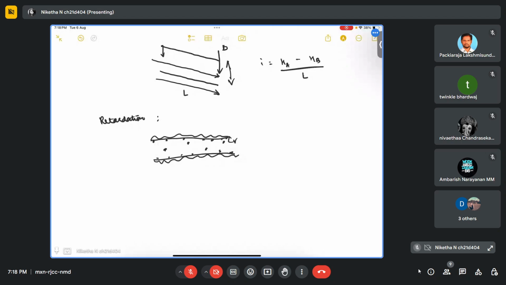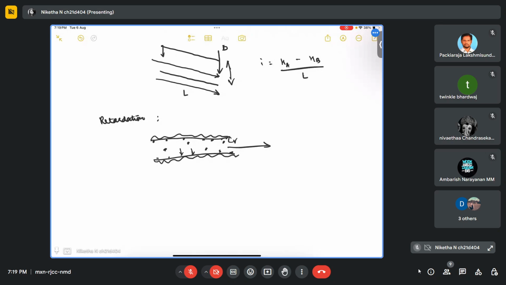Because of this, it is not going to flow with the water. After absorption, the chromium is going to remain here, and the rest of the water is going to flow as usual. So we are saying that compared to the velocity of the water, the velocity of the chromium is less.